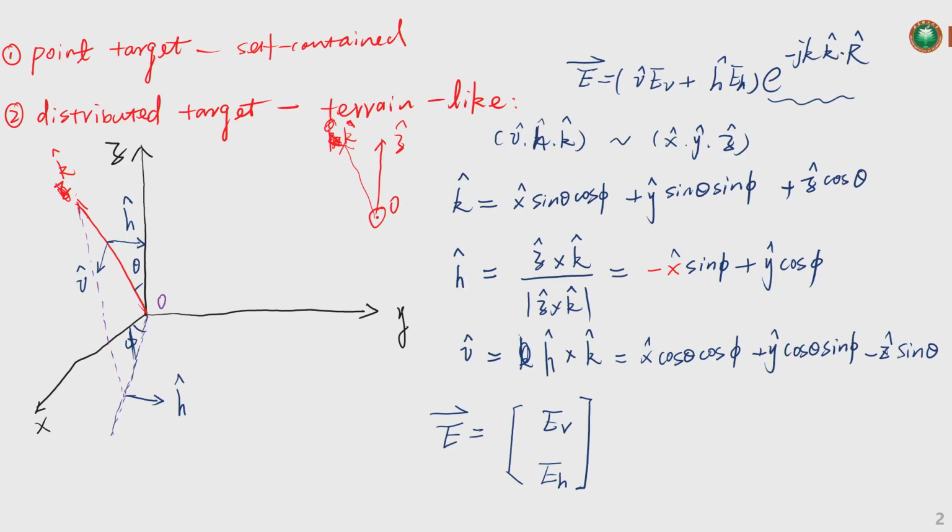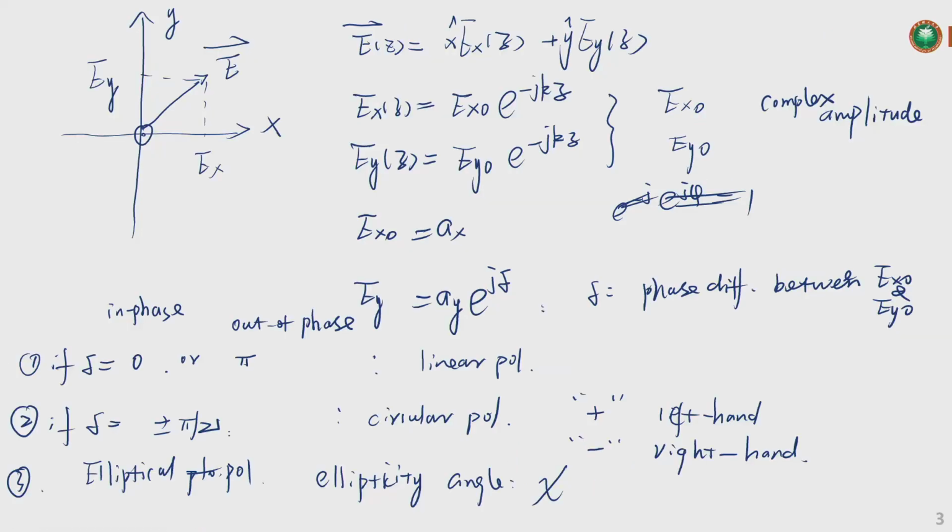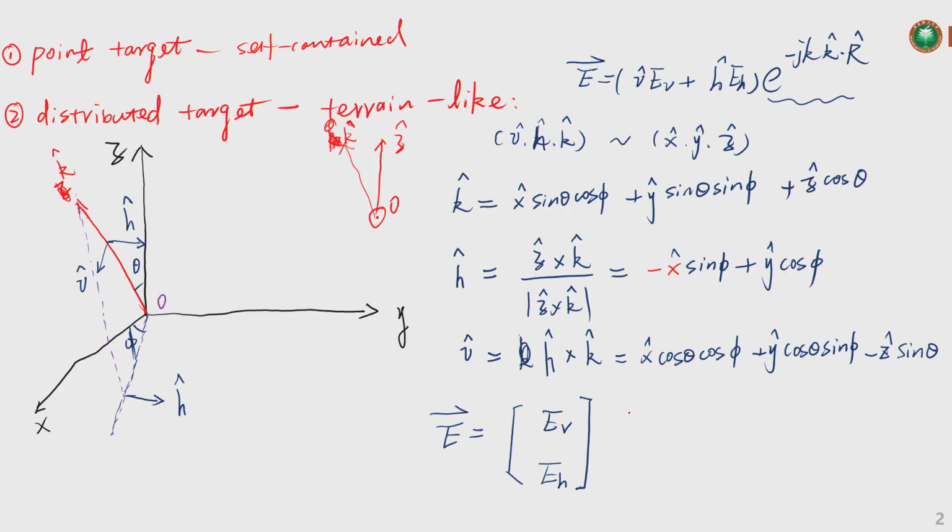According to the expressions for the phase component and the magnitude, this term can be expressed as AV, AH, times e to the j phase.